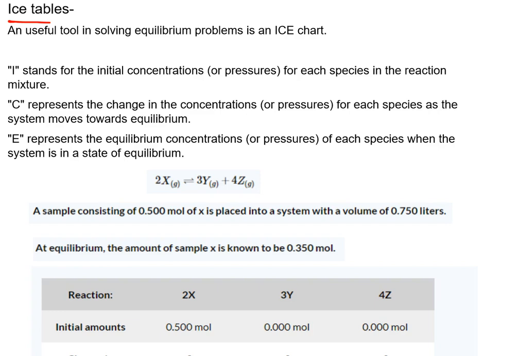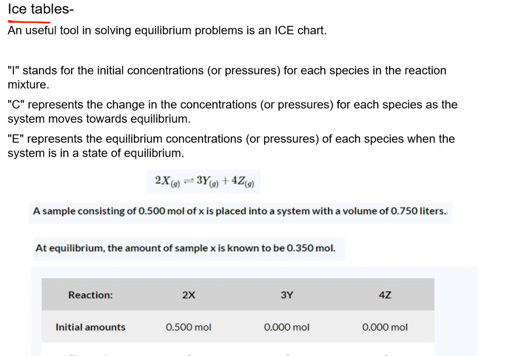A useful tool in solving equilibrium problems is an ICE table, because unfortunately you don't always have a problem that just gives you the three equilibrium concentrations to plug in. Most of the time you're given a handful and have to figure out everything based on that. I stands for the initial concentration or pressure for each species in the reaction.